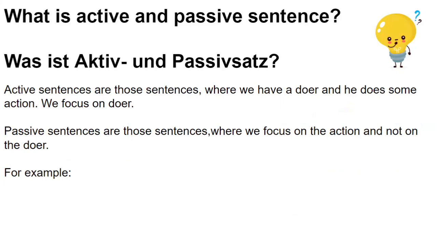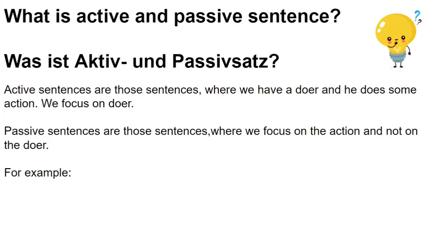So basically, active sentences are those sentences where we have a doer and he does some action. We focus on the doer. Passive sentences are those sentences where we focus on the action and not on the doer.